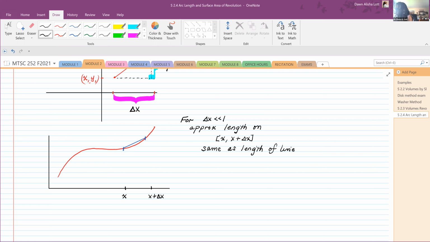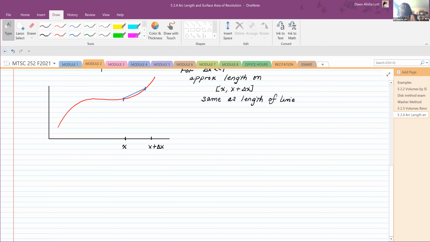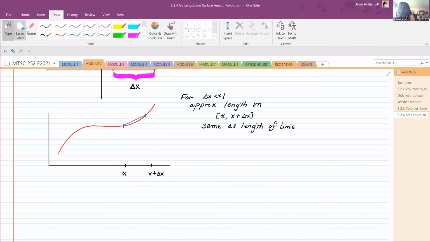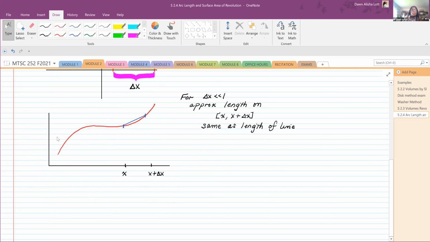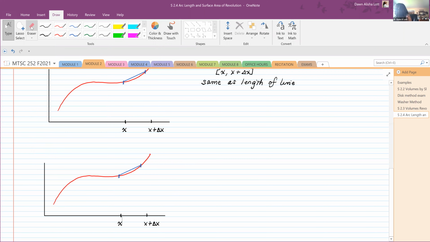Now I want to take that curve and separate it into a bunch of little pieces.